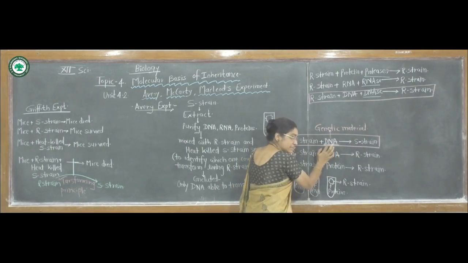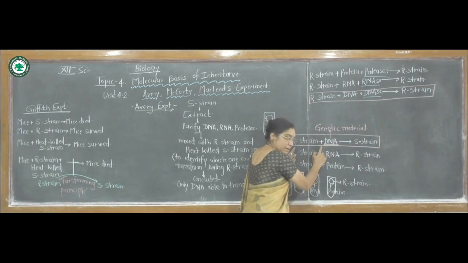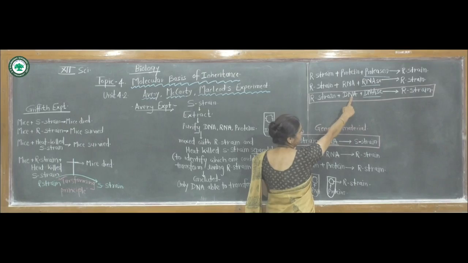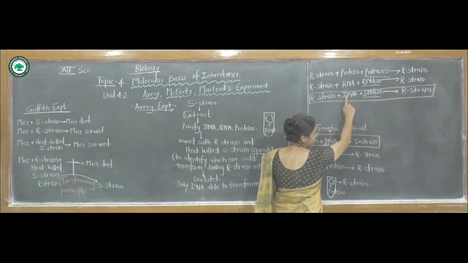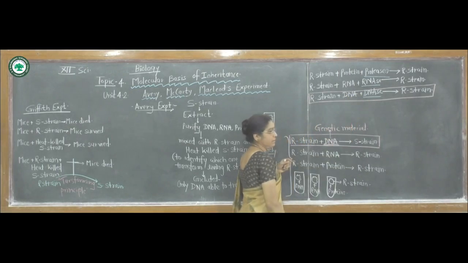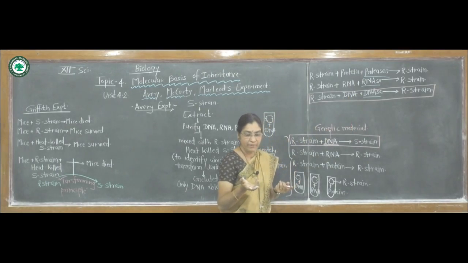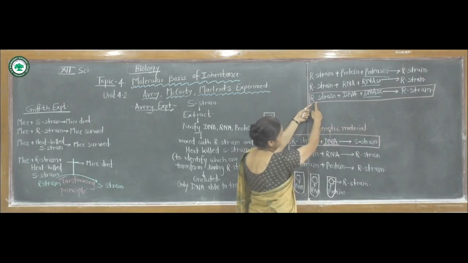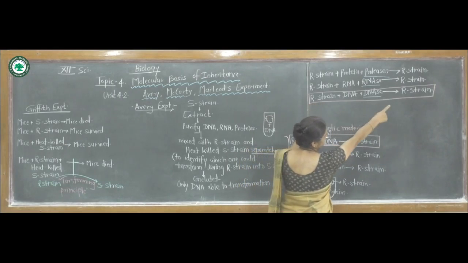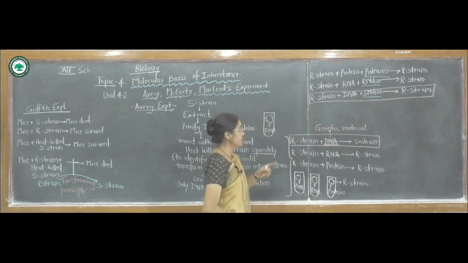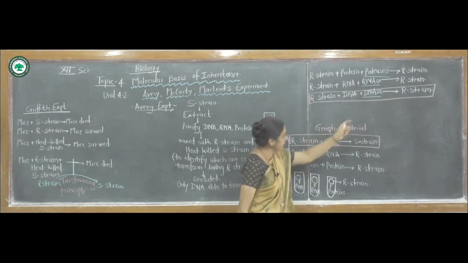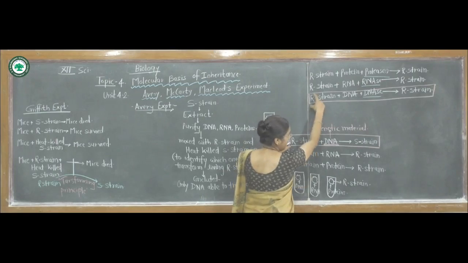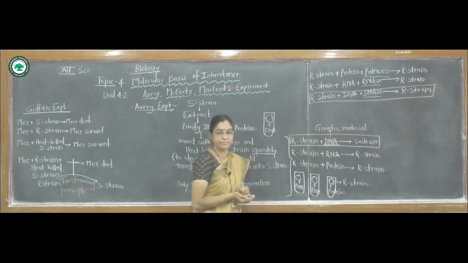But in the same experiment, if the DNA is broken down by DNase, there is no effect of DNA in this step, and so the R strain bacteria remains as it is. There is no transformation achieved.